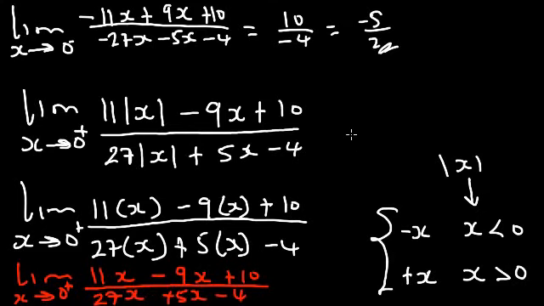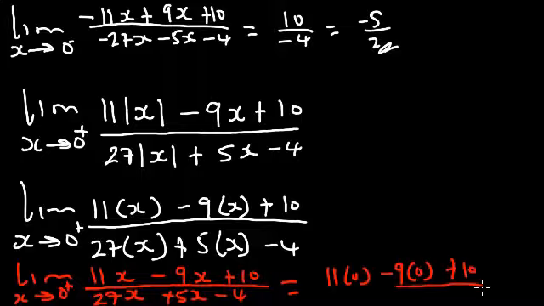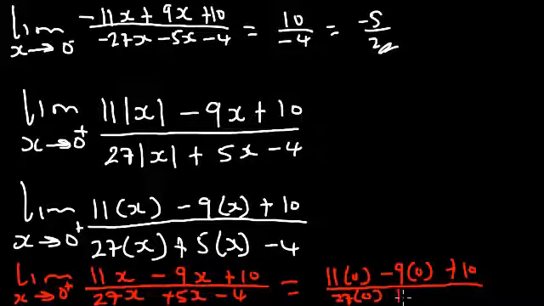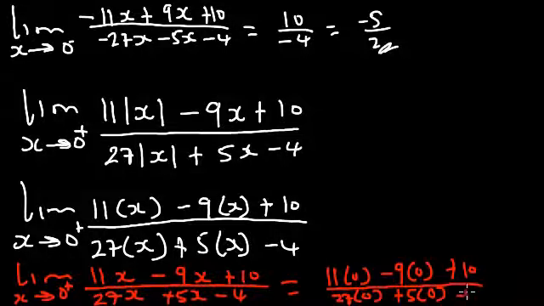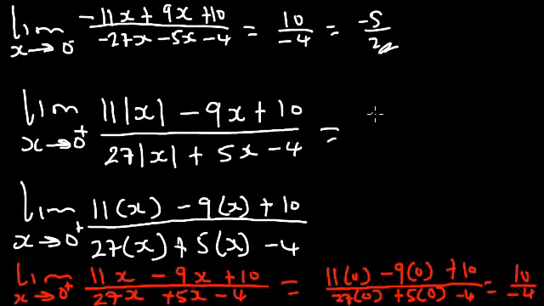Simplifying further, upon substituting the limit point, we have 11 times 0 minus 9 times 0 plus 10, divided by 27 times 0 plus 5 times 0 minus 4, which is simply 10 divided by minus 4. That ends up being the same as negative 5 over 2.